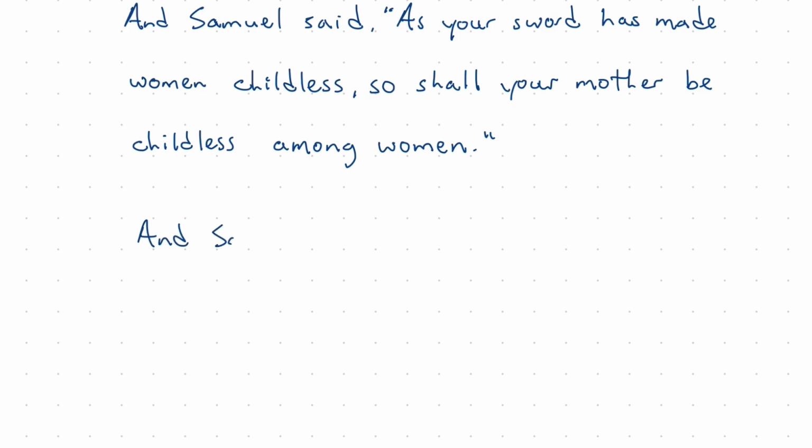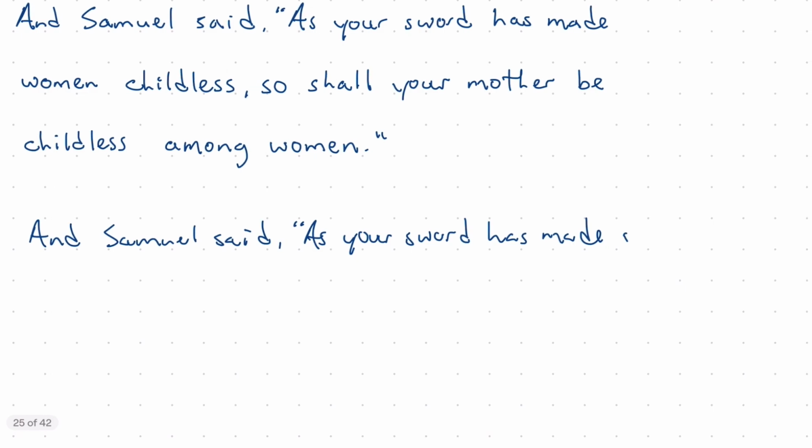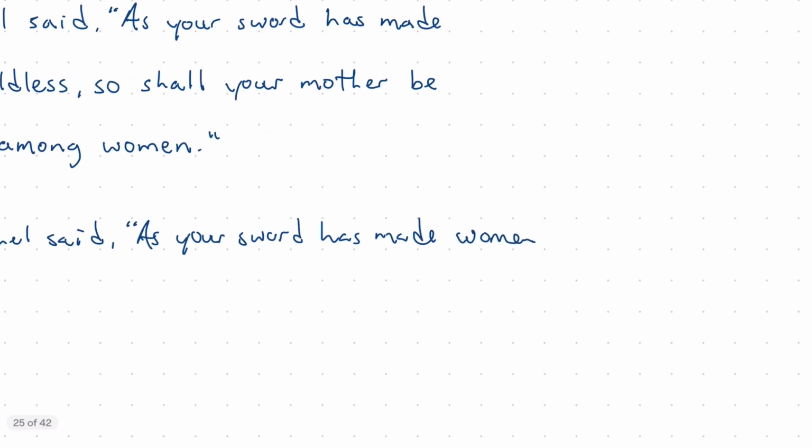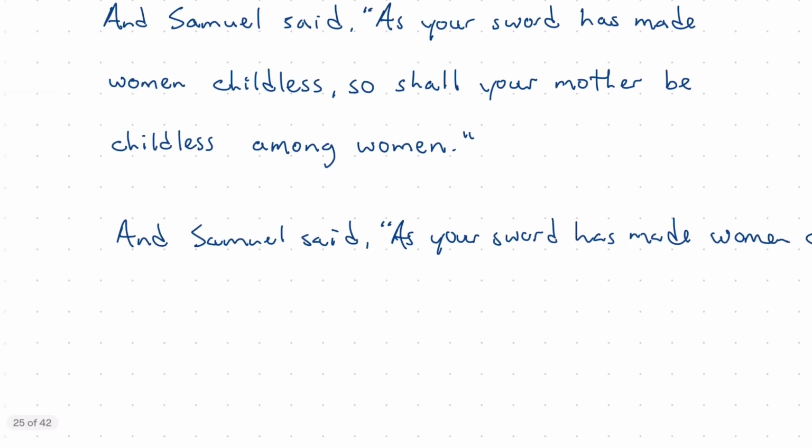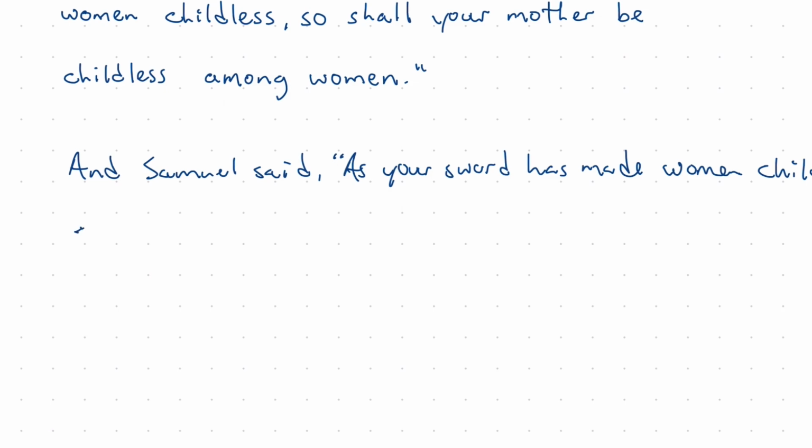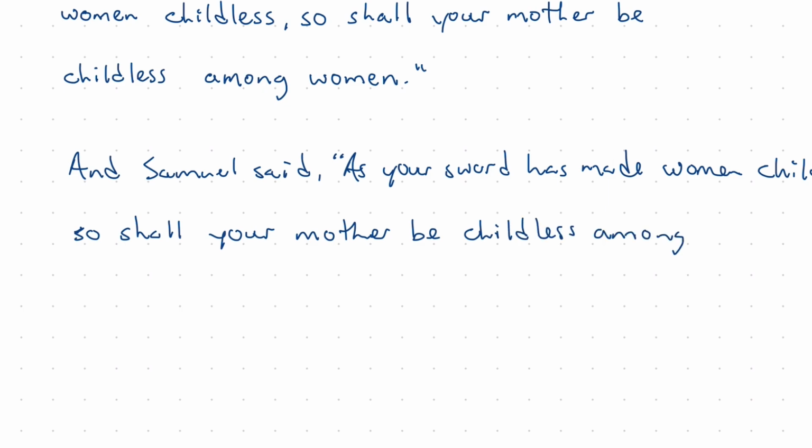We can write these out separately so that we can begin to define the relationship. And Samuel said, "As your sword has made women childless, comma, so shall your mother be childless among women."